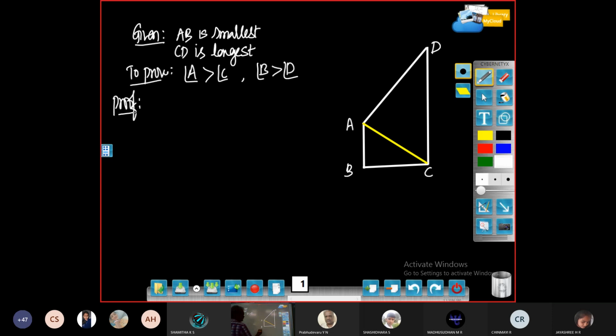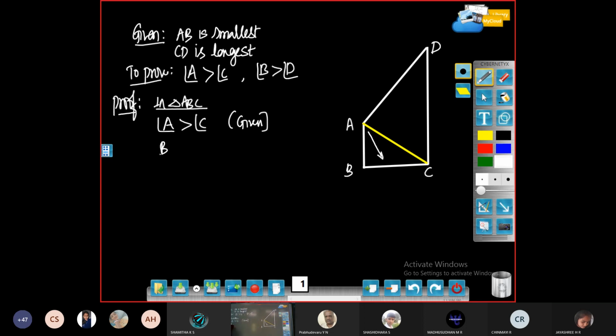Here in triangle ABC, which is the greatest angle? Triangle ABC. If A is the greatest, then the side opposite to it is BC.